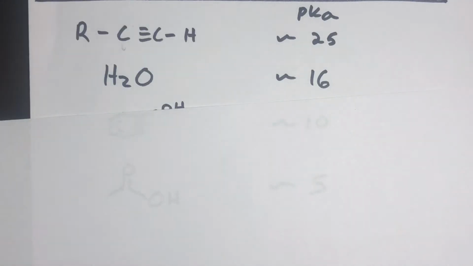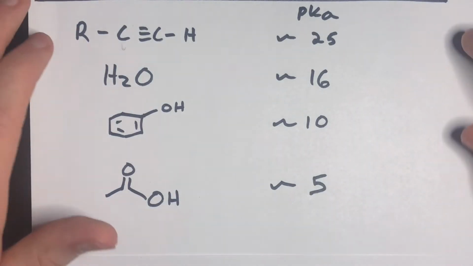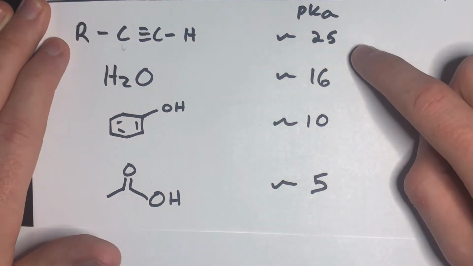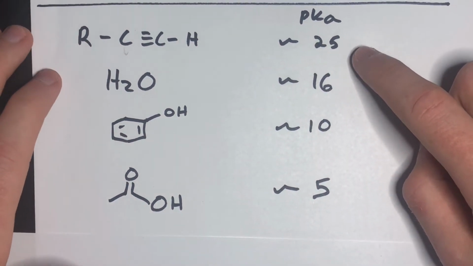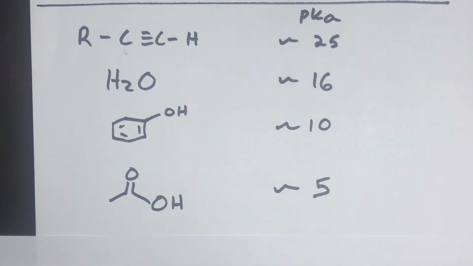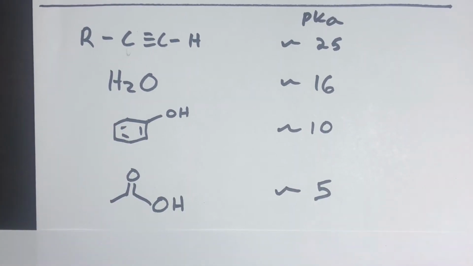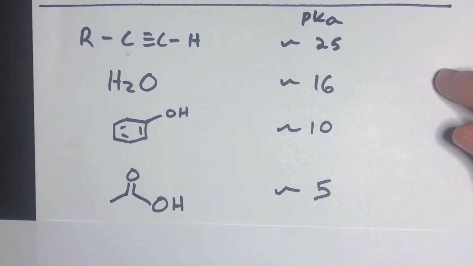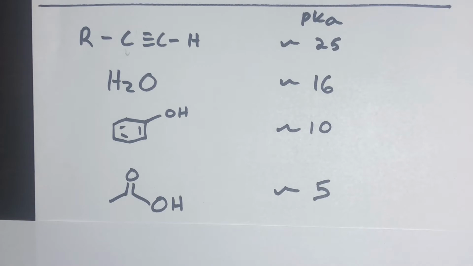Now I want to compare the terminal alkyne's acidity to some other functional groups that we've already seen. As I just introduced, a terminal alkyne has a pKa of approximately 25. This can vary somewhat depending on the identity of R through the inductive effect and things of that nature. So 25 is our benchmark for alkynes, but it can vary depending on the particular compound.